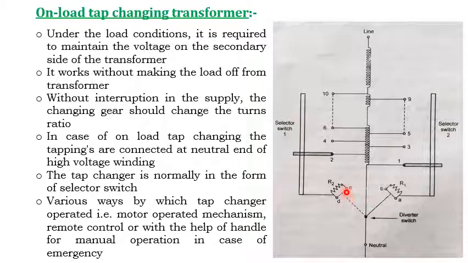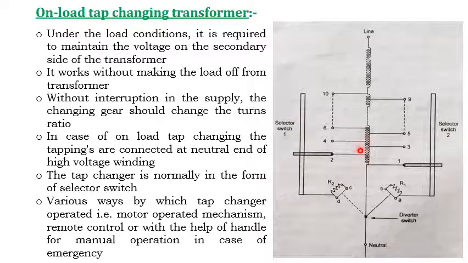Now in this case, how will the load current be flowing? The load current will be flowing through the resistor R1, through point C and to the neutral point. If you shift this diverter switch further to the left side, you just keep point C a little bit open. If point C is opened a little bit, what happens?